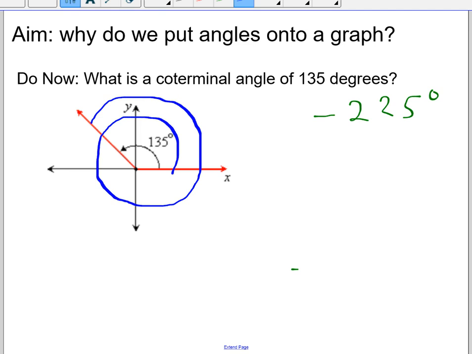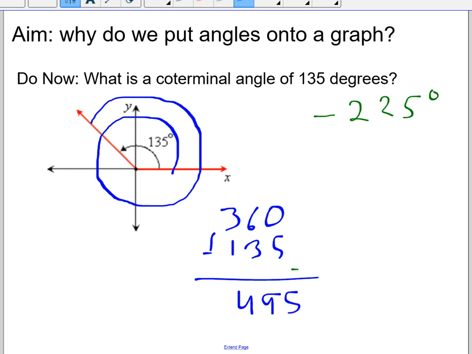So I still started at the initial ray and ended at the terminal ray. It is therefore a coterminal angle, but it is that full 360 degrees of the circle plus another 135 degrees. So that's 495 degrees, and we can say that 495 degrees is another coterminal angle of 135 degrees.